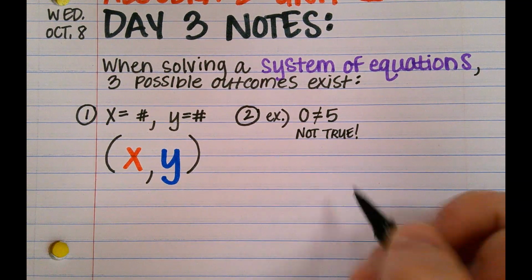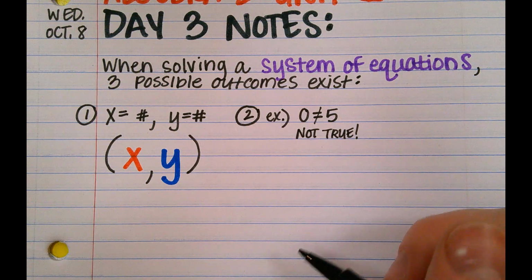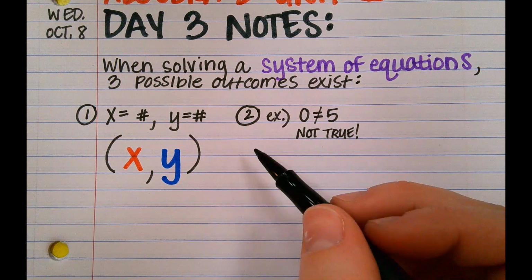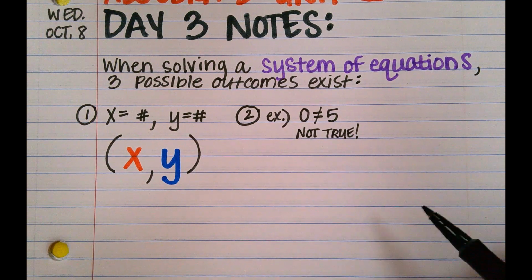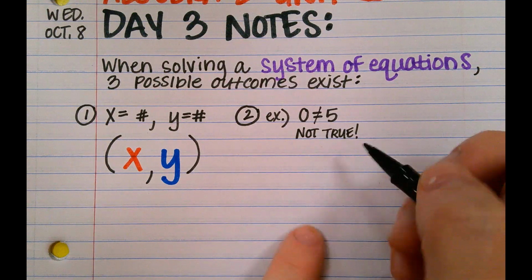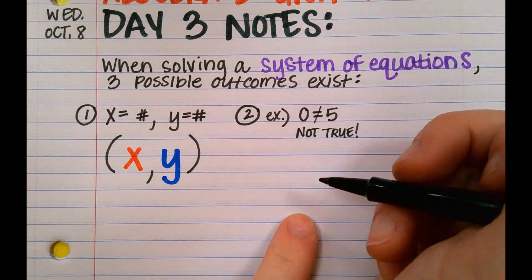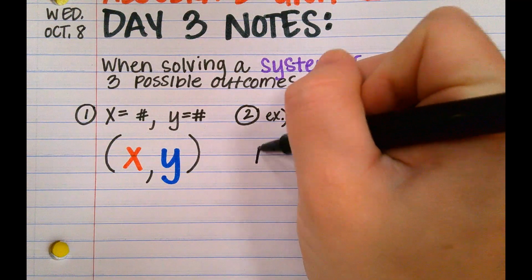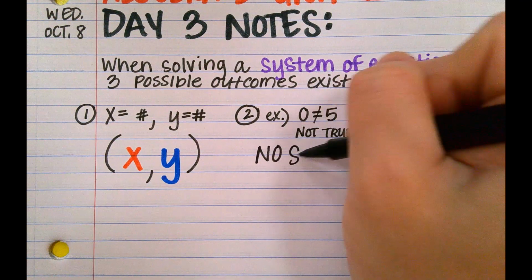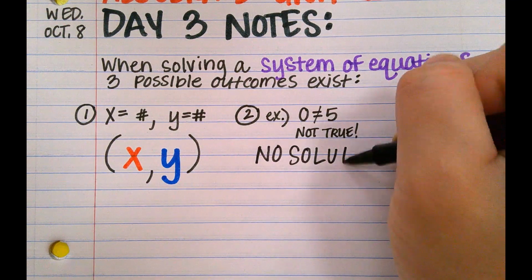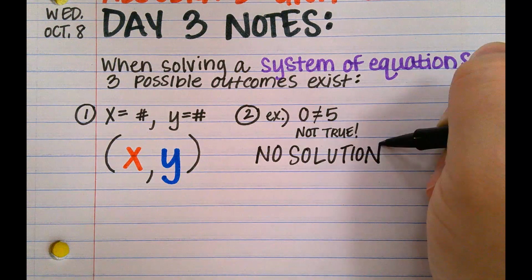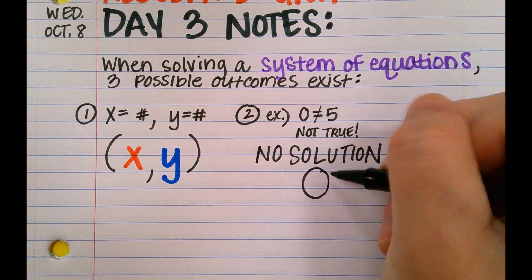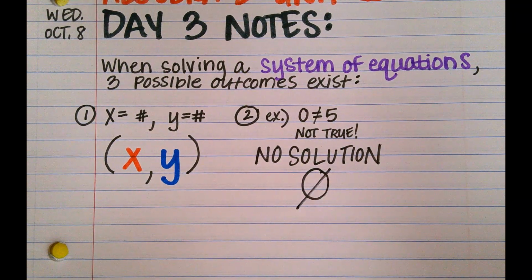What we would write here as our answer is either no solution, or you can write what's called an empty set, meaning no answer exists. So I'm going to write both of those. No solution. And that looks like a 0 with a slash through it.